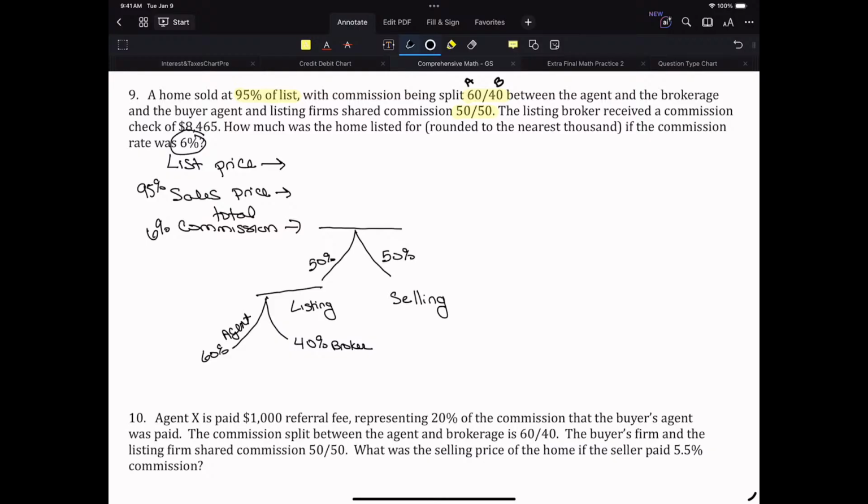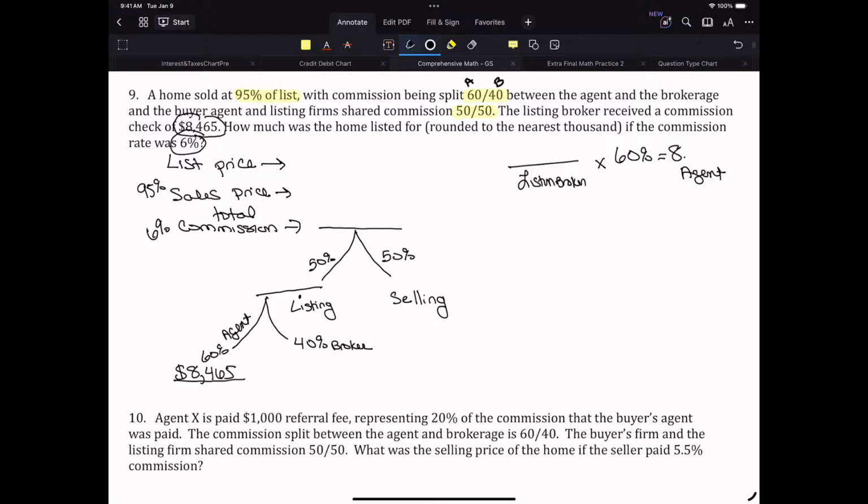So what we do is we say, okay, if the agent got $8,465, we've got to figure out what that listing side got. Whatever the listing broker got, if we multiply that by 60%, we would get what the agent received.